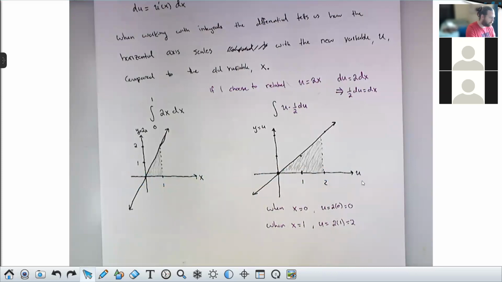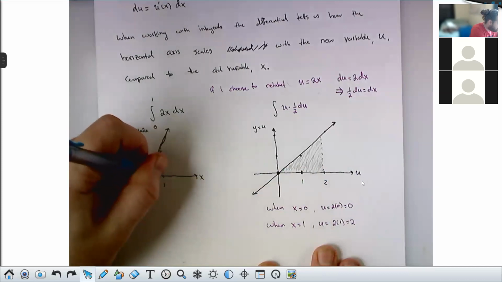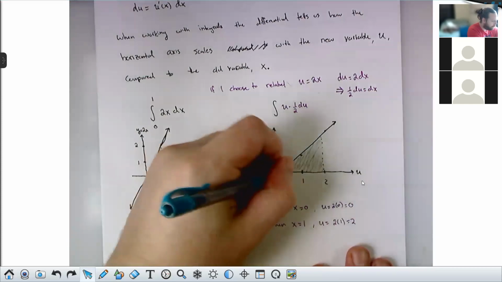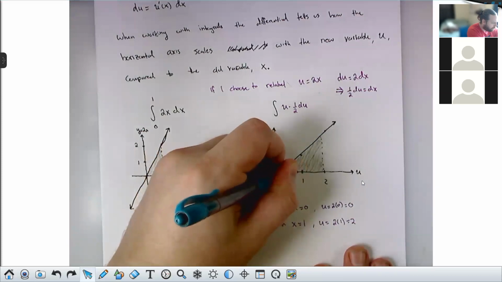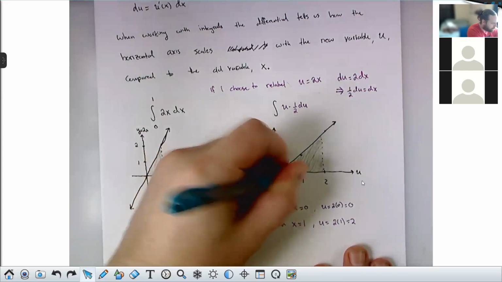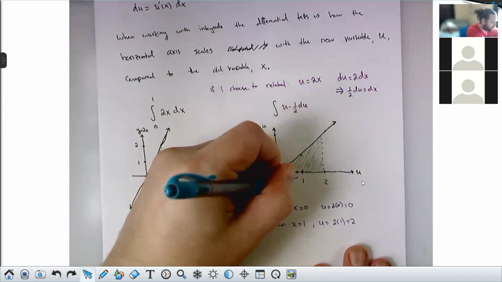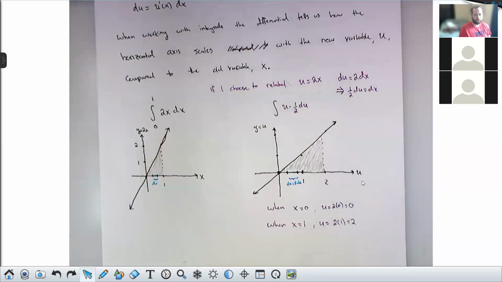If you look at a small little dx change here, that will get stretched out to twice as long here. du is 2 dx.